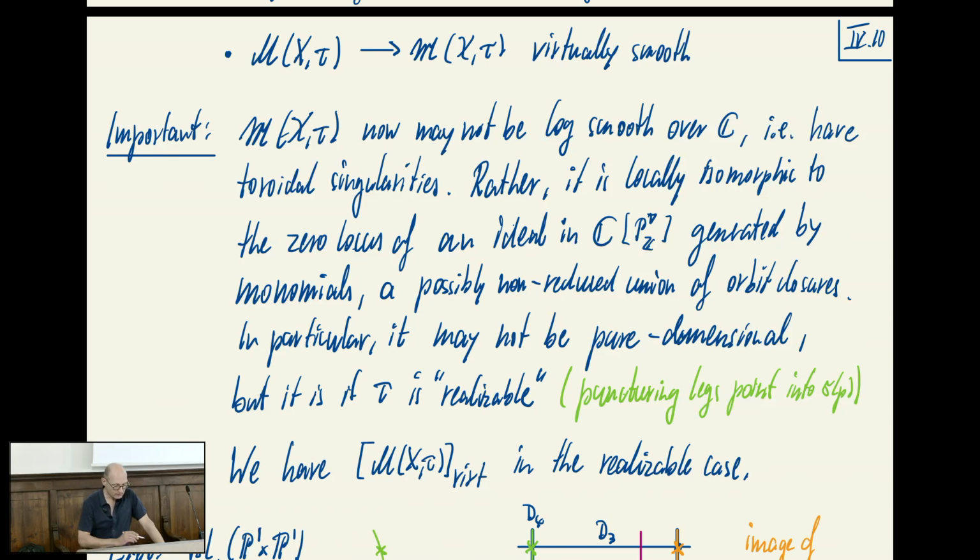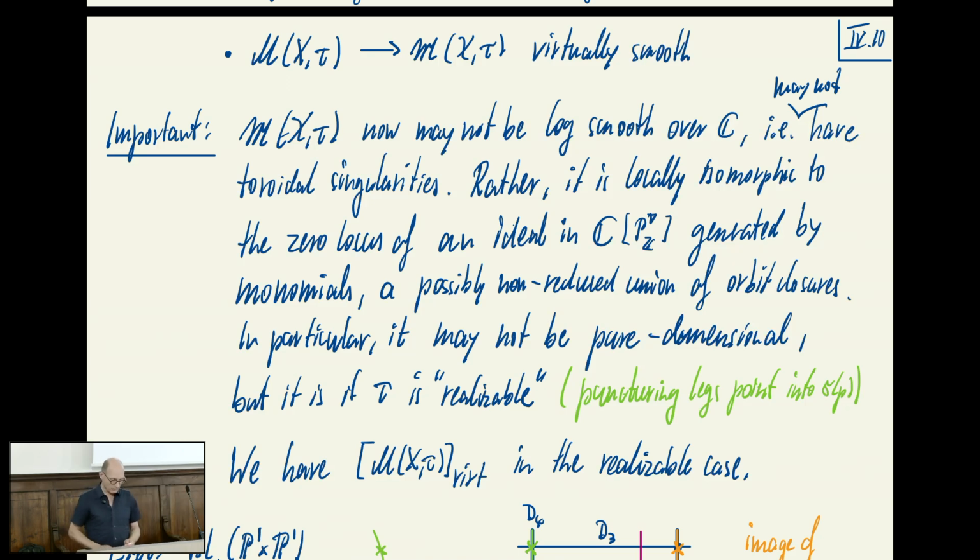So if you do this naively, the way I've presented it at this point, M of X tau may actually not be log smooth over the complex numbers. I.e., it may not have toroidal singularities. Log smooth over this trivial log point meant toroidal, so it has toric models up to some smooth cover. We are in stacks.